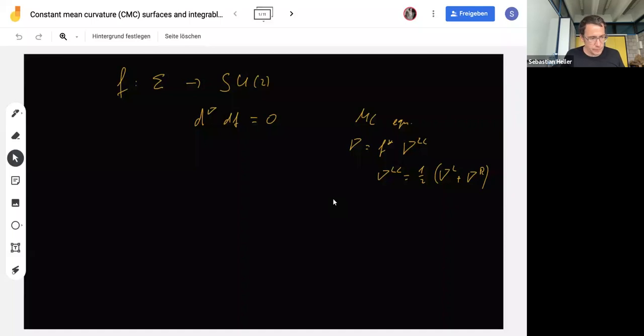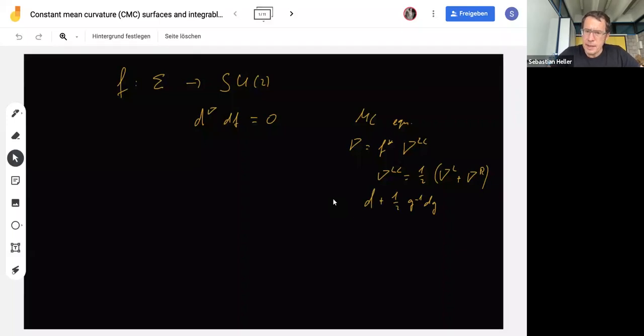In formulas, using left trivialization, the Levi-Civita connection is given by 1/2 g inverse dg, where this Maurer-Cartan form acts by the adjoint representation.